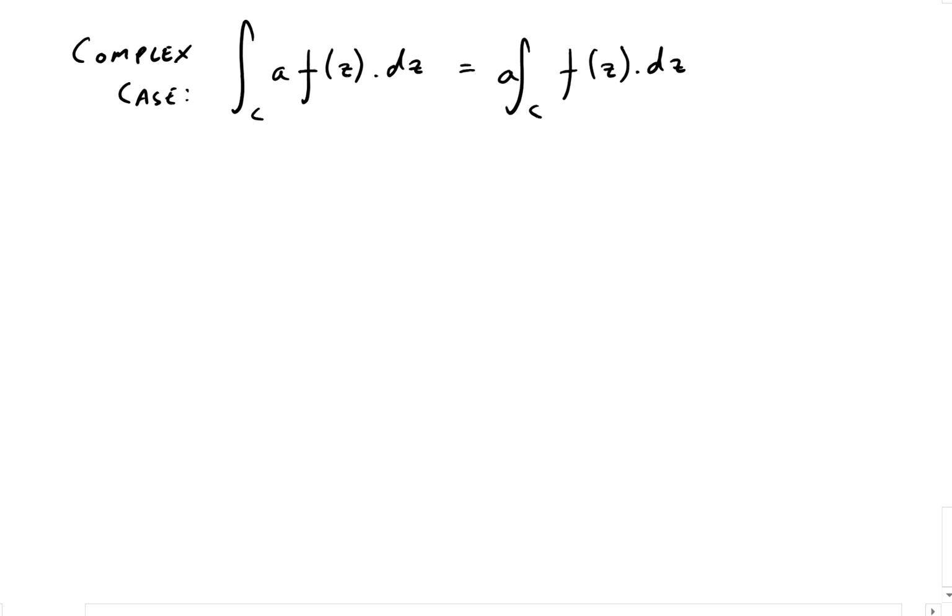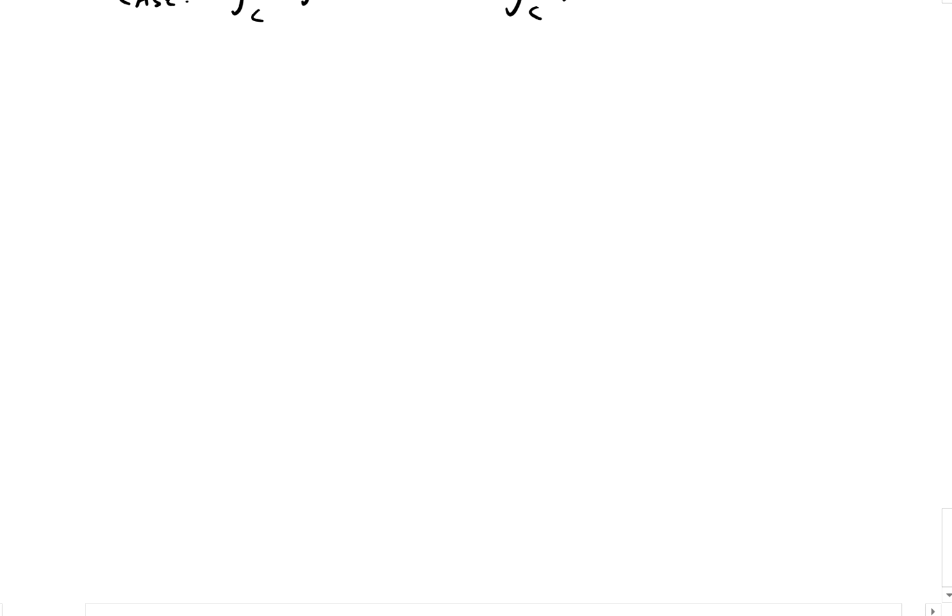The second property that I want to look at is, we're taking the line integral effectively of a complex number. Let's say we're taking the line integral from this complex number to this complex number. Basically we're finding the area underneath this line.